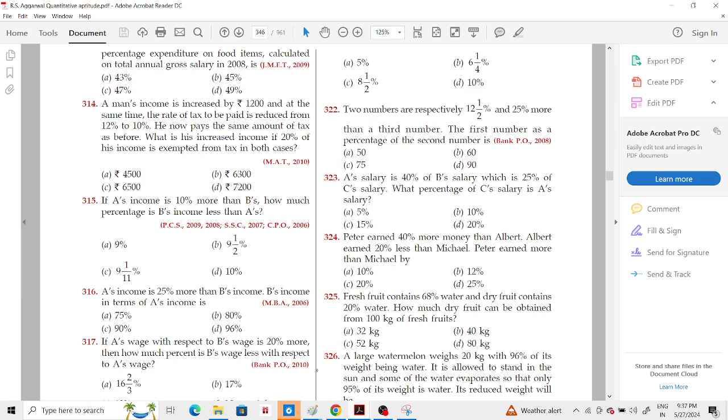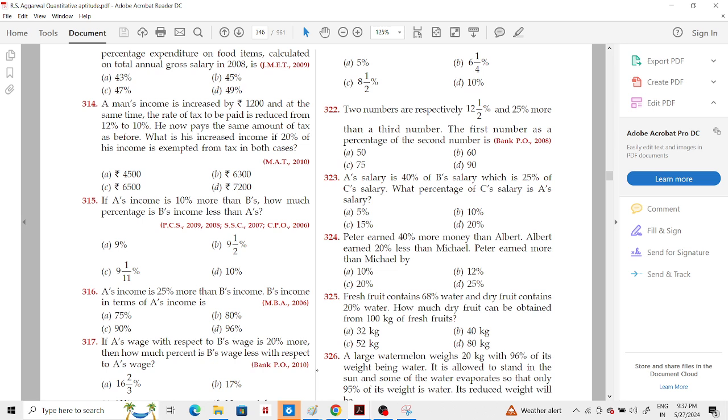Sir, I took the income to be rupees X. Okay. Then X plus 1200 I did. Then it is said that the rate of tax to be paid is reduced from 12 to 10.